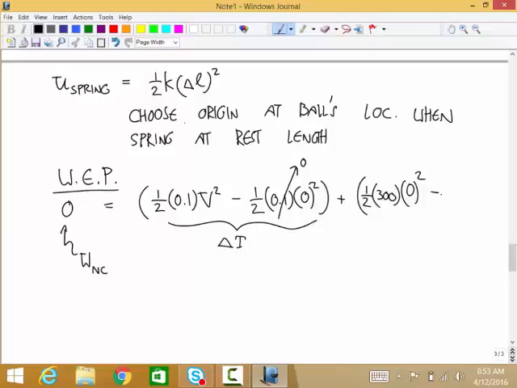But at the instant that it's compressed and released, the potential energy is 1/2 times 300 times 0.05 squared.